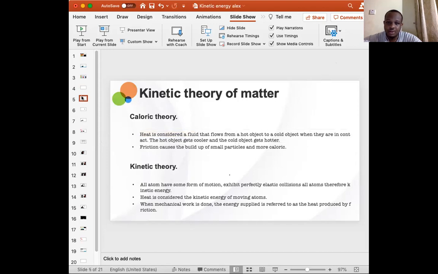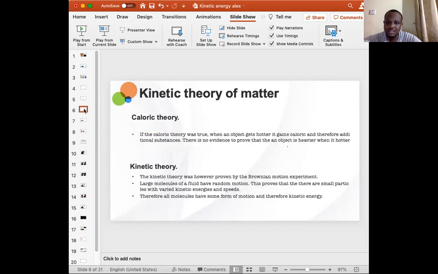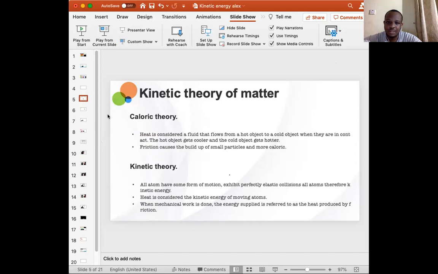All right. Also, for the kinetic theory, all atoms have some form of motion, right? That is the kinetic theory. All atoms will have some form of motion and they exhibit perfectly elastic collisions. So all atoms, therefore, have kinetic energy.